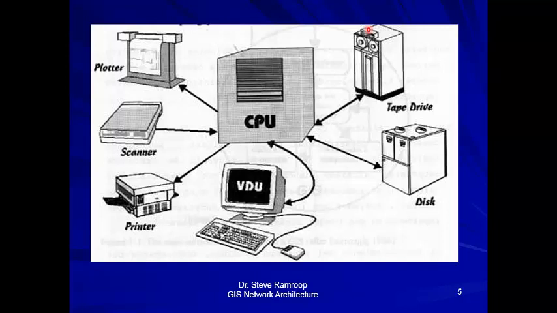Now, it is important that you appreciate that each one of these components of your computer has certain specifications, and when you're responding to any GIS proposal that requires a set of GIS applications, you will be called upon to suggest the minimum specifications for your hardware in order to have your software running efficiently.